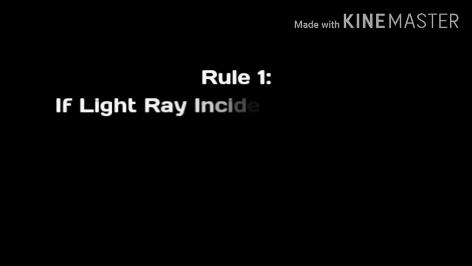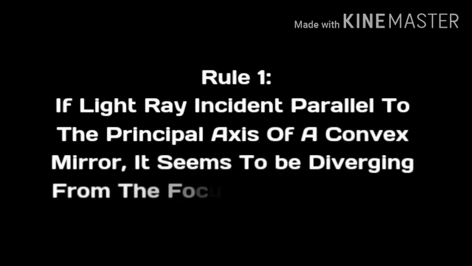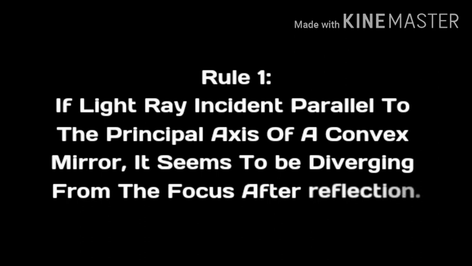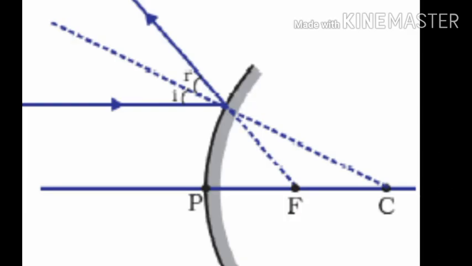In the case of a convex mirror, if the incident light ray is parallel to the principal axis, then after reflection it will move, or seems to be diverging, from the principal focus. That is, if the incident light ray is parallel to the principal axis of a convex mirror, the light ray seems to be diverging from the focus of that convex mirror.